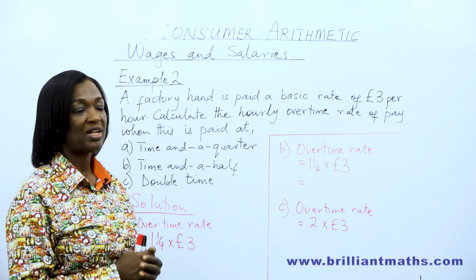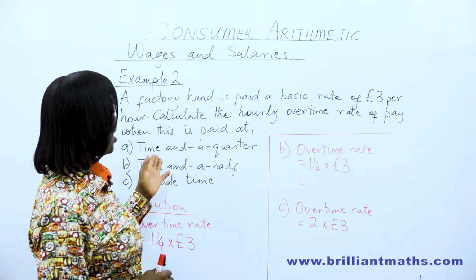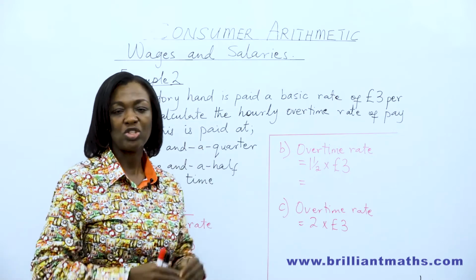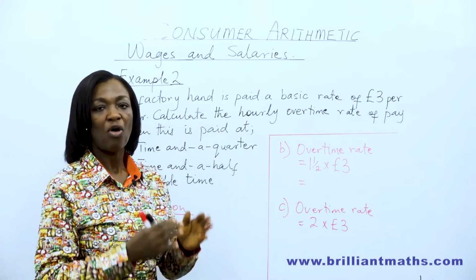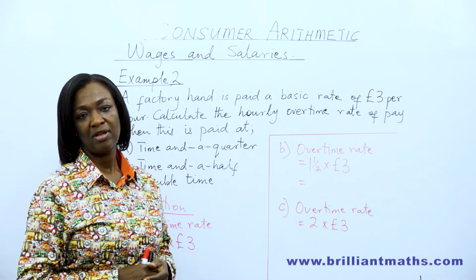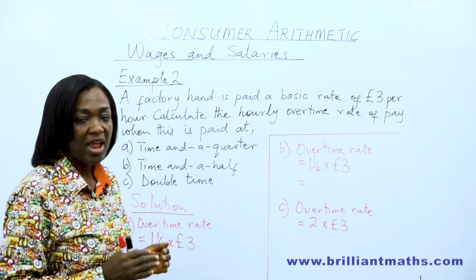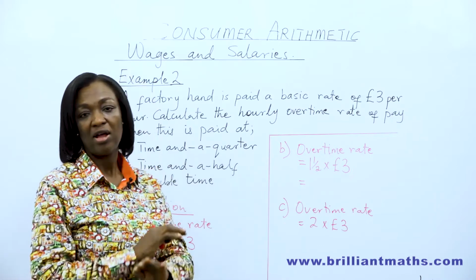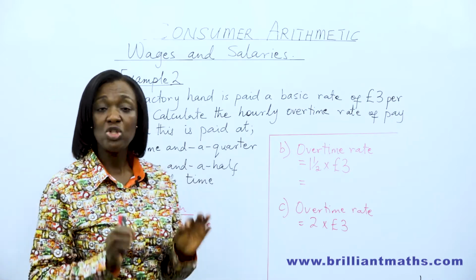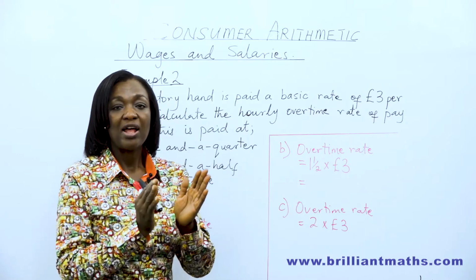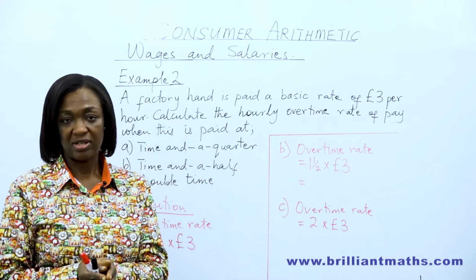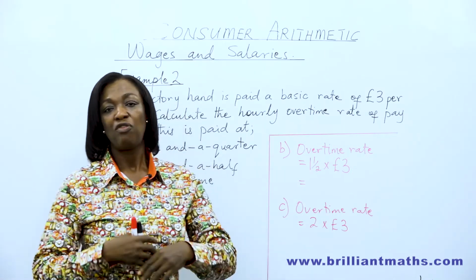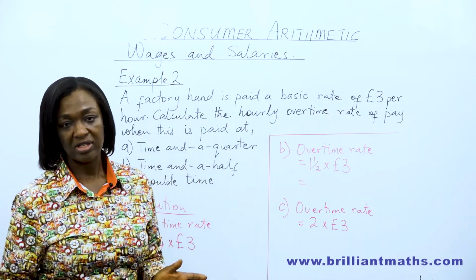It just means that you get paid a quarter extra of what you are supposed to earn for an hour. So you get paid a quarter extra for the extra hour that you work. But we must note that there must be an agreement or a policy. Companies have policies for their overtime rates.